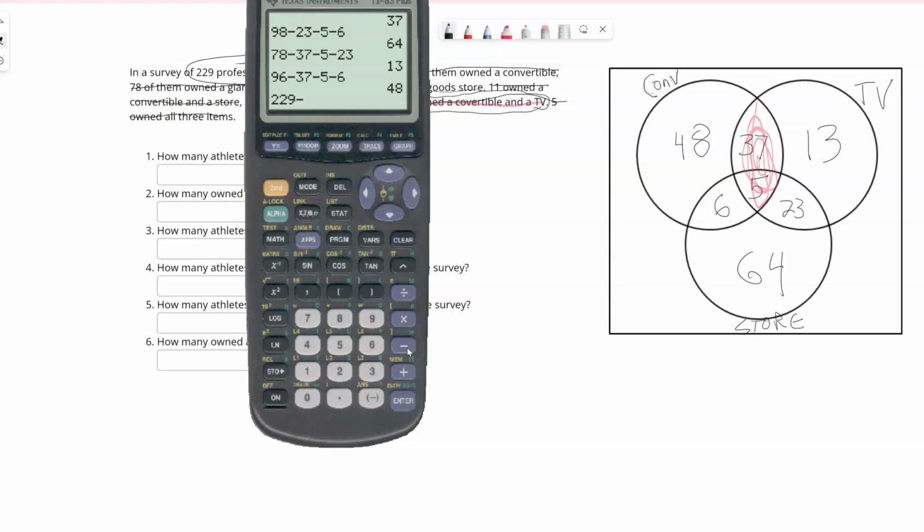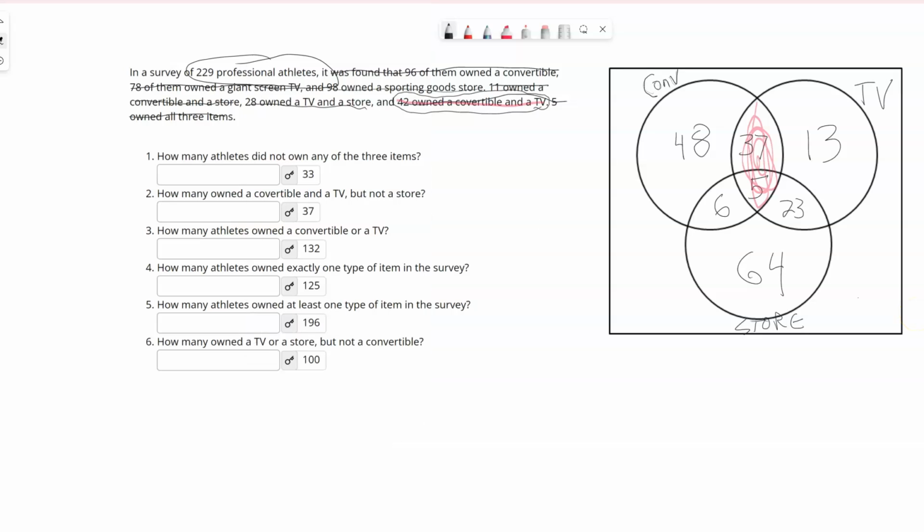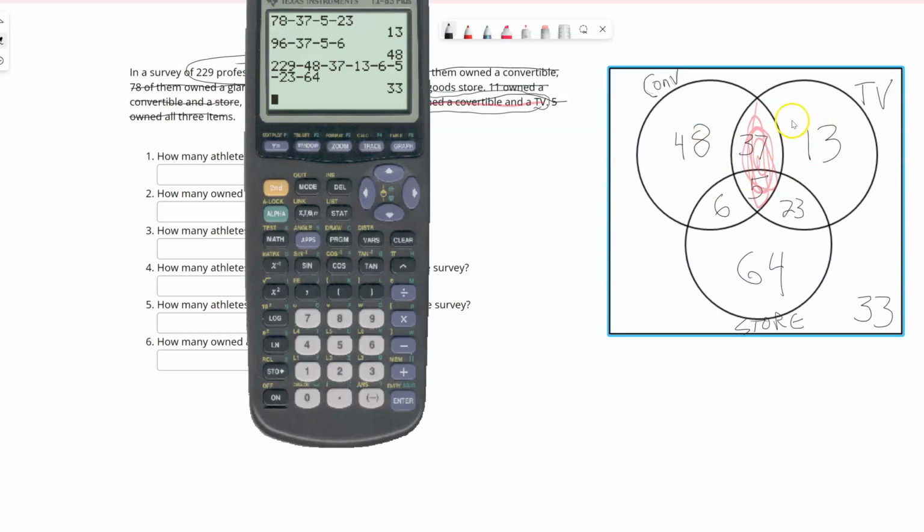So minus the 48, minus the 37, minus the 13, then the next row minus the 6, and the 5 and the 23, and finally the bottom row 64. Who's left? 33 people. Now they are in the universal set, but not within these circles, so I'm going to put this down in the bottom right, which is a common place to put it. 33 of the professional athletes did not own a convertible, TV, or a store.